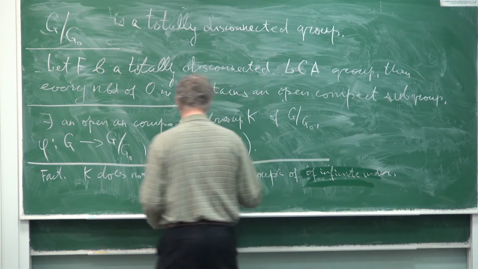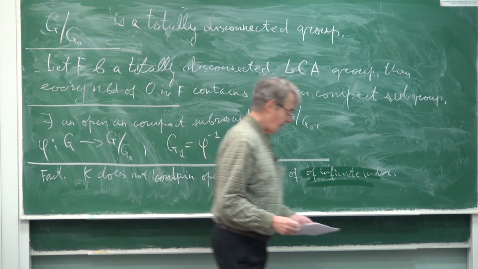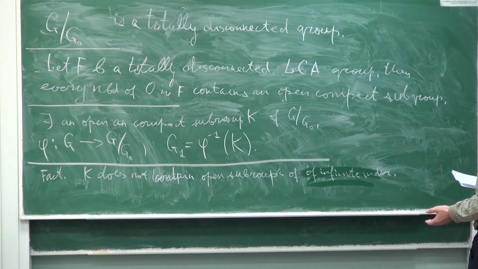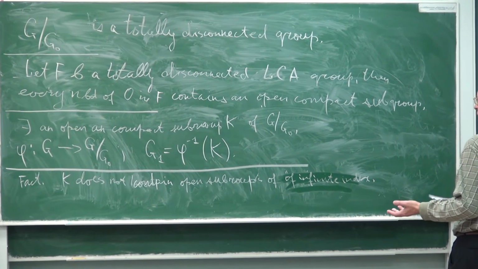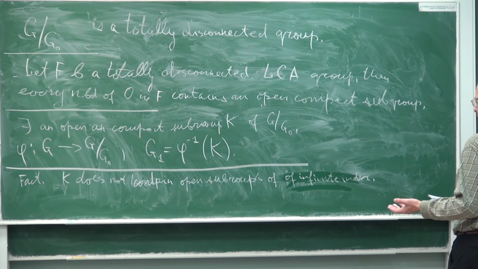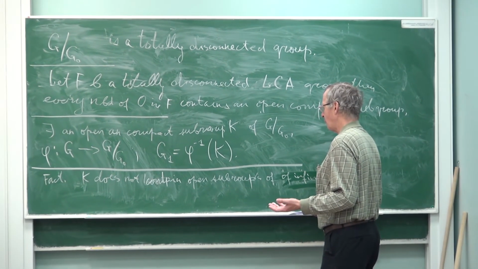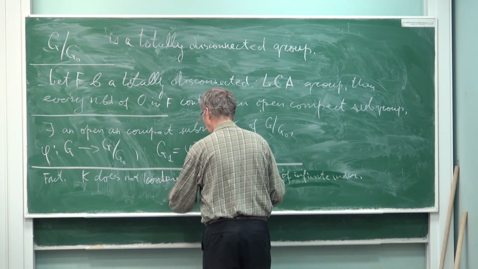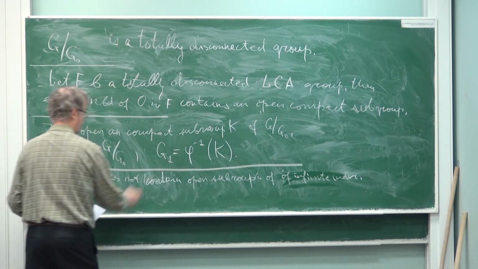Because if we have such a subgroup, then its cosets cover K, and since it has infinite index, this is in contradiction with the compactness of K. It is not covered by a finite number of cosets of such a group, so all open subgroups of this K have finite index, and this implies something about G1.